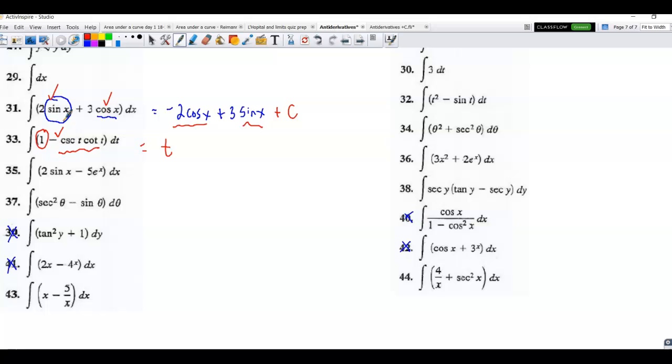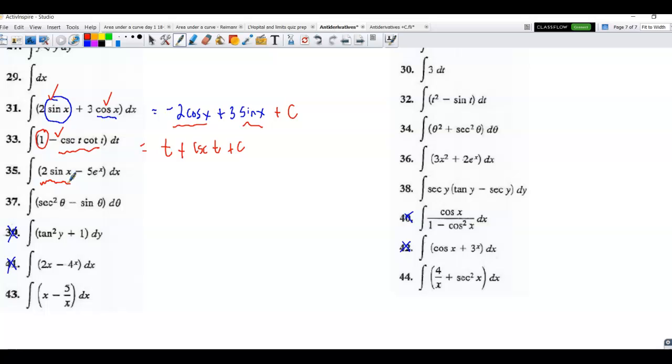What function has a derivative of negative cosecant cotangent? And that would be positive cosecant t plus c.